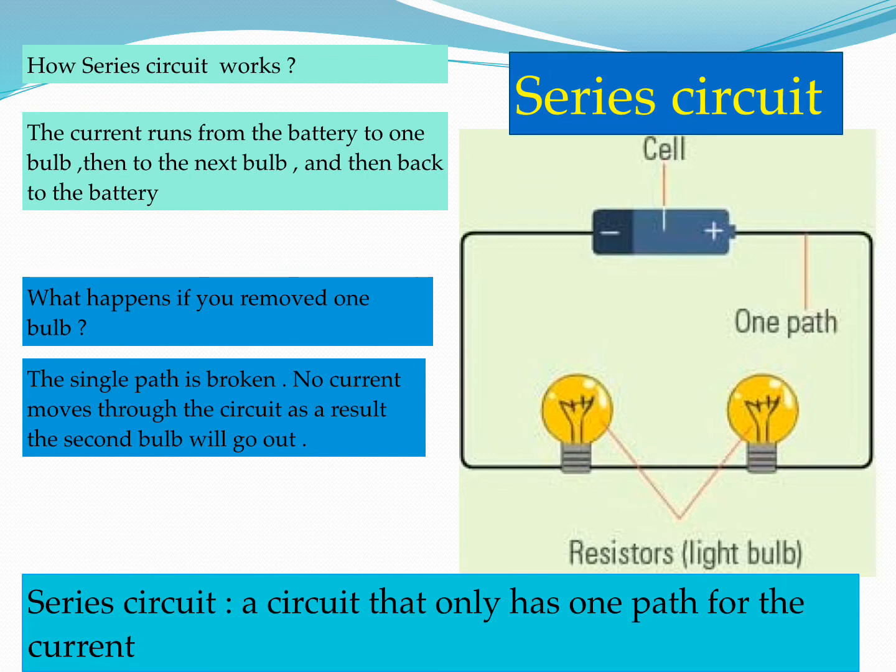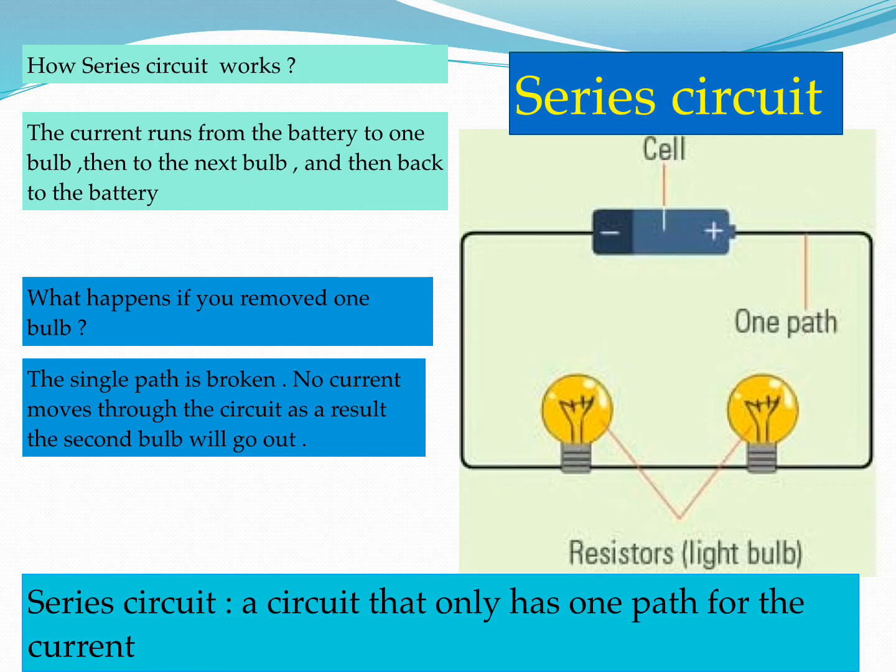Well, since the current runs from the battery to the bulb, then to the next bulb, then of course back to the battery, if you remove the first bulb, you will break the current. In other words, the single path is broken, and no current moves through the circuit. As a result, the second bulb will go out too.